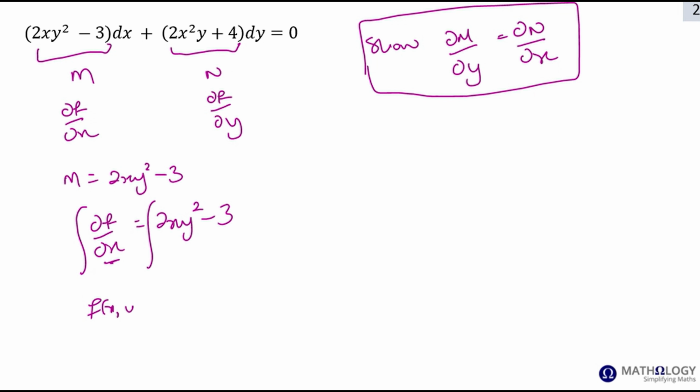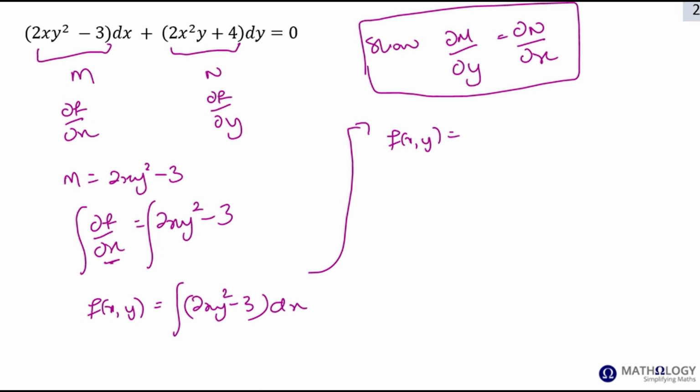So we have the function f of x, y equals the integral of 2xy squared minus 3 dx. Again, we're going to split this up into two separate integrals: the integral of 2xy squared dx minus the integral of 3 dx. 2 is a constant, so we can write it outside the integral sign.